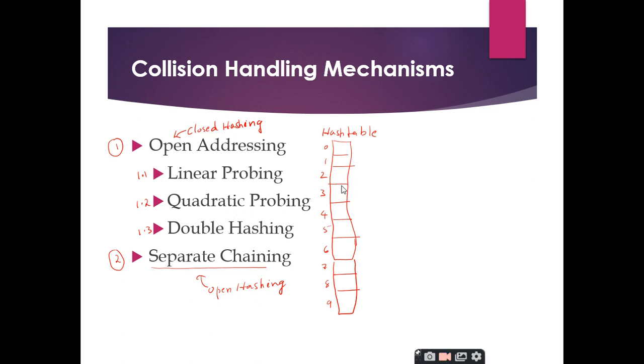We'll see it with an example, don't worry, but you should remember the main difference in a simple statement: open addressing makes use of all the slots of the hash table, and separate chaining may not use all the slots of the hash table. So this is all about the introduction to the collision handling mechanisms, open addressing and separate chaining.